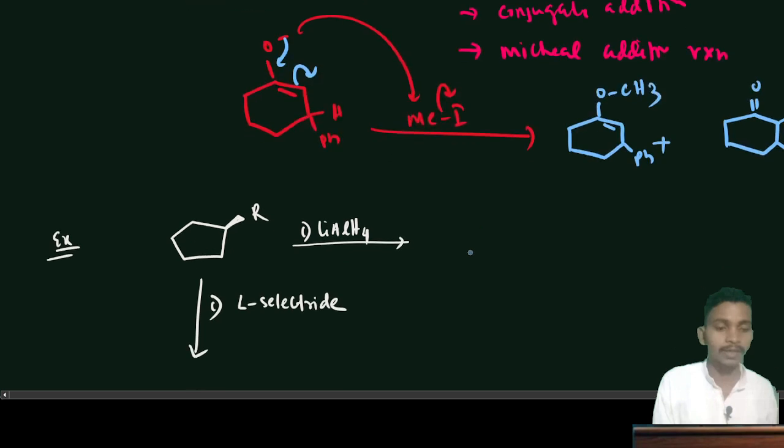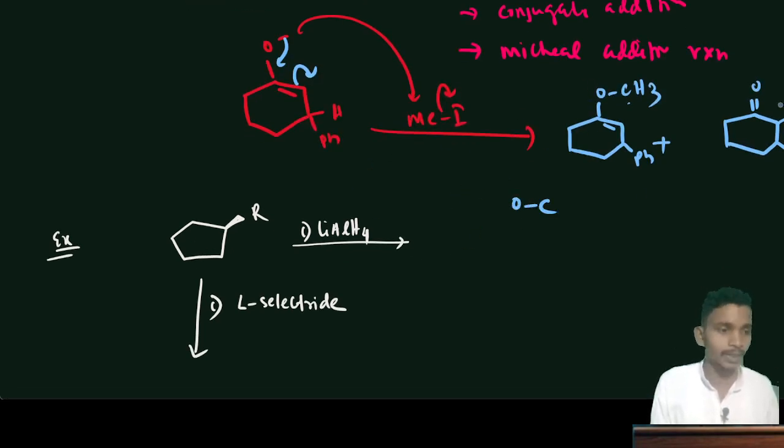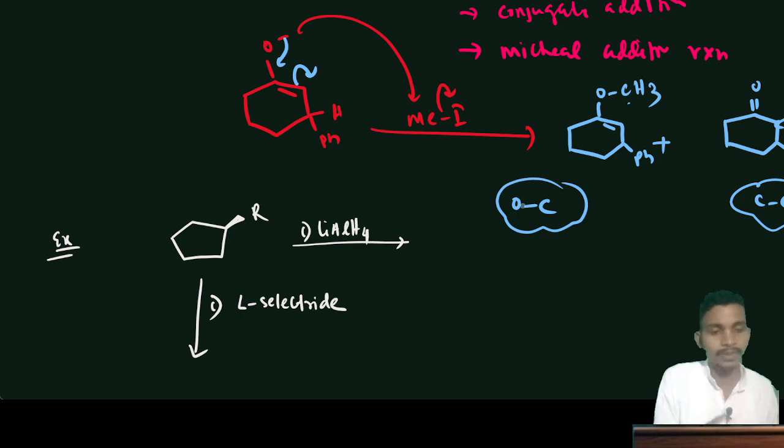Note that if it forms here, then an OC bond is forming, and here what bond is there, here C, so a CC bond is formed. So note that the OC bond is not so stable, the CC bond is stable. The reason is that here there is electron deficiency. So the CC bond is more stable and it is a strong bond. Okay, so this is a strong bond, and this becomes a weak bond because of this electron deficiency.